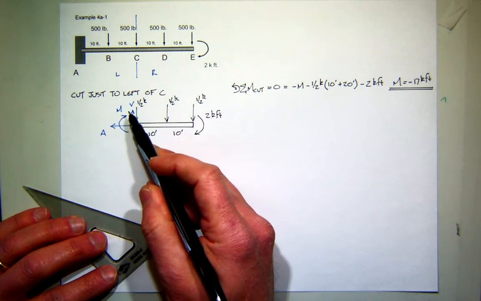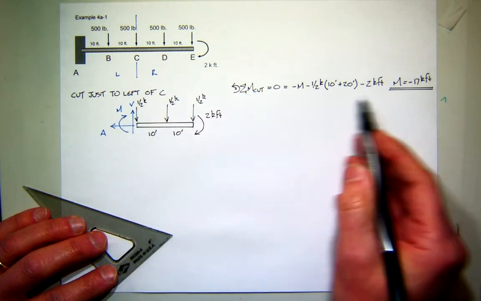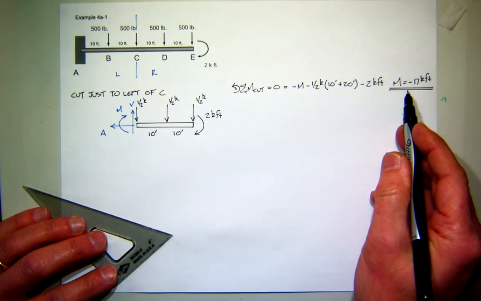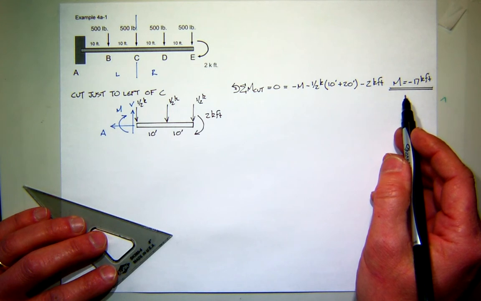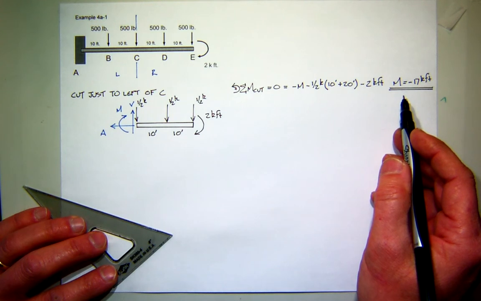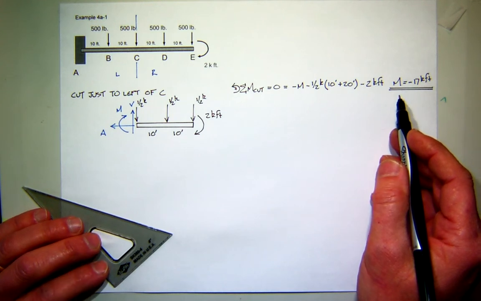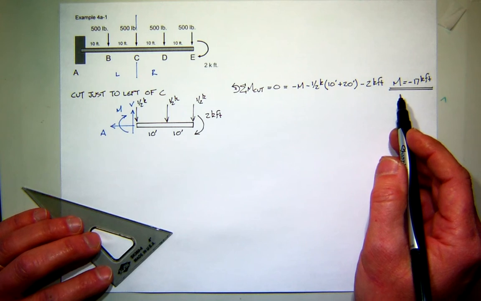And this is positive bending moment. Even though the value came out negative, that just means I have a negative bending moment. A positive bending moment bends into that smile shape we talked about, that convex shape.